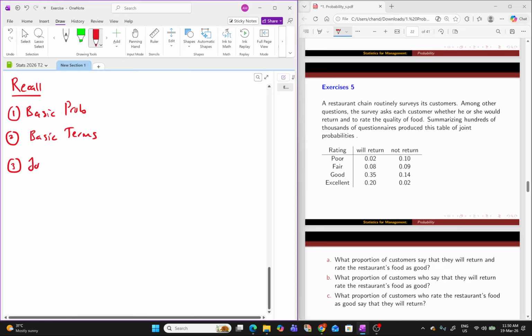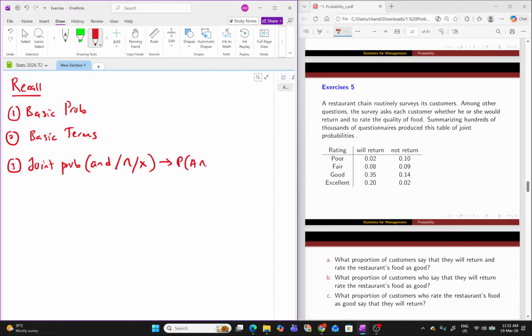We learned joint probability. Joint probability is the one with the word "and"; the intersection notation and the multiplication notation are all the same. It looks like A intersect B. And then marginal probability.